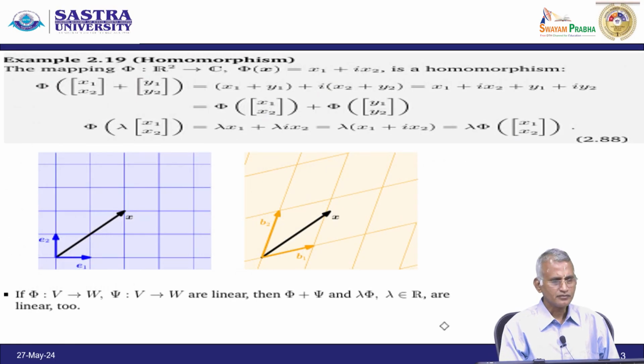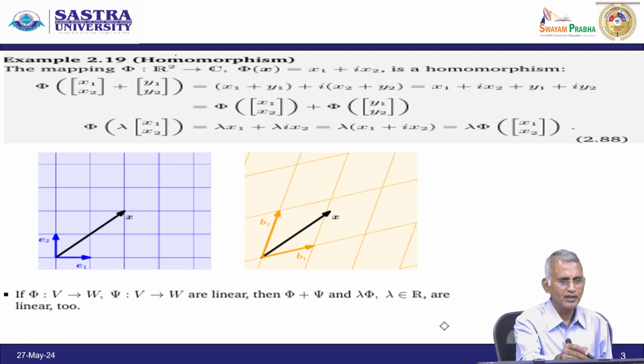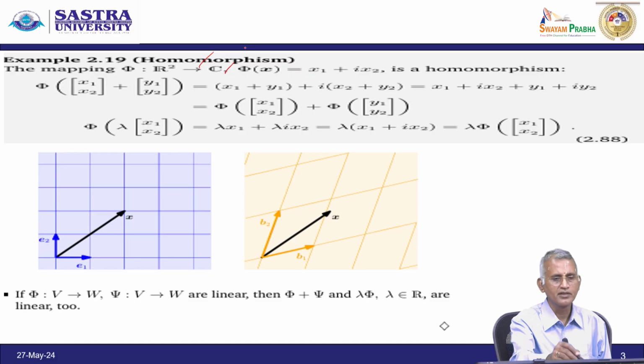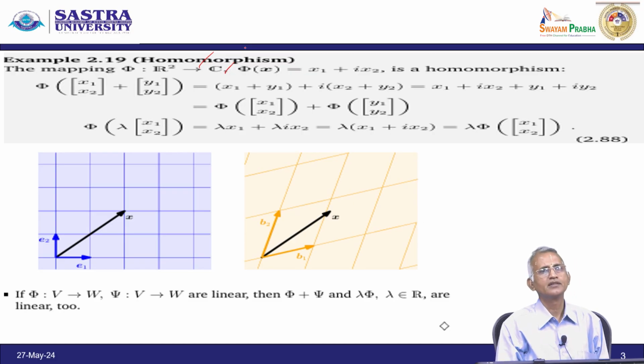Now, let us go with the discussion of homomorphism. The mapping phi such that R square maps to C: R square is a 2-tuple of real numbers in the domain, and it goes to the codomain, a complex number. So, the complex number is phi of x equal to x1 plus i x2, imaginary part also associated, is a homomorphism.